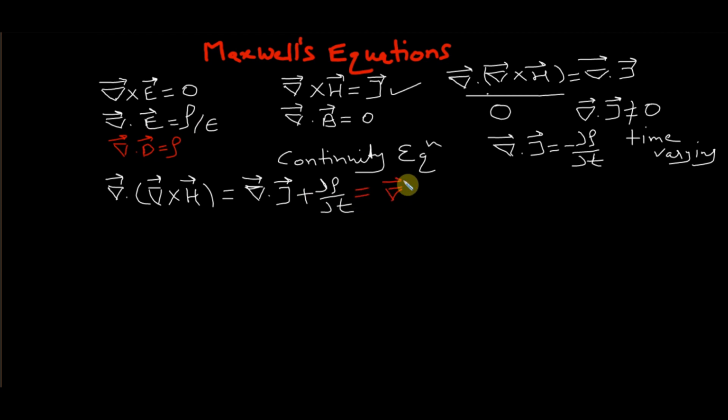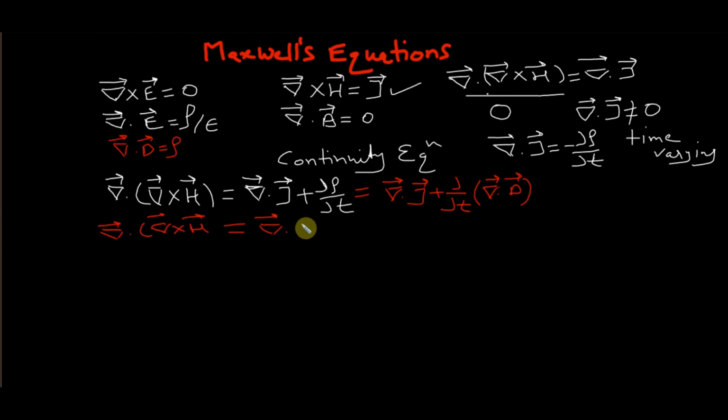What will you get? You will get del dot J plus partial by partial t of del dot D. We have put the value of rho from that equation. So it will be equal to del dot del cross H. Take the divergence common from both of these.